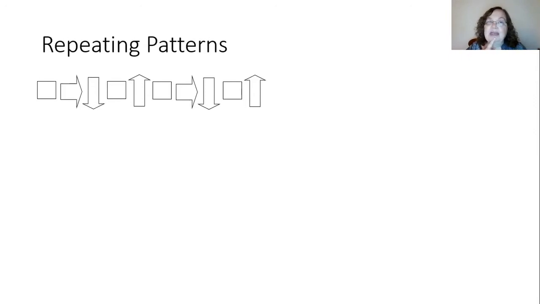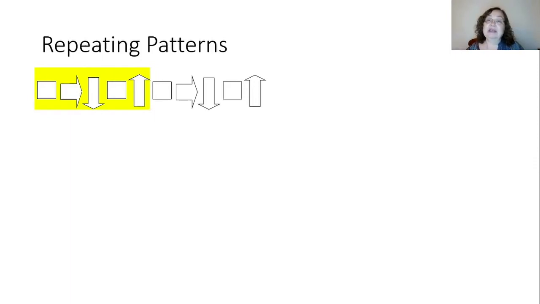How is that repeating? Can you tell where the core is of this pattern? Let's look at it one more time. Square, right, down, square, up. Square, right, down, square, up. Well, I see that this is the core because that's the part that repeats over and over again.